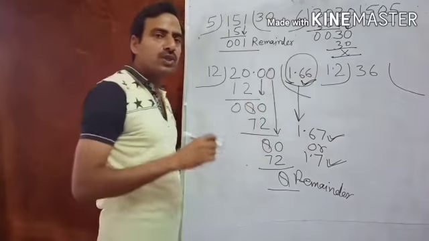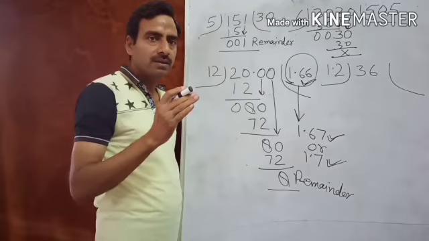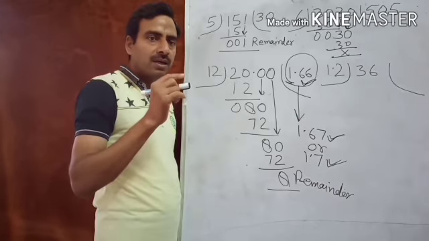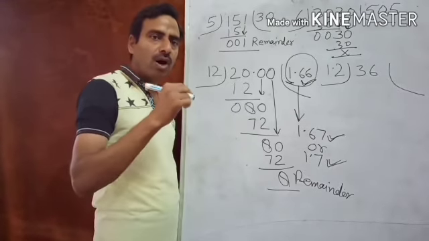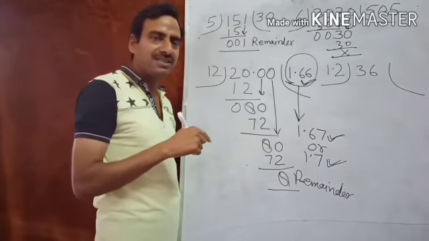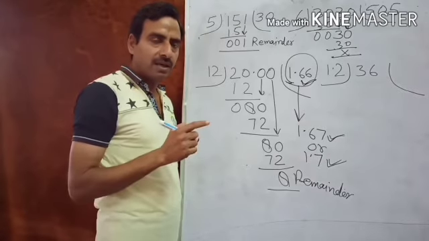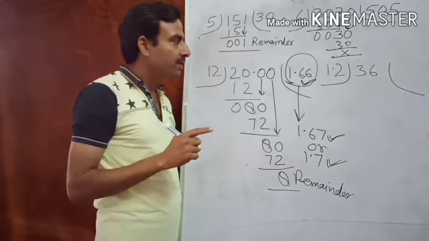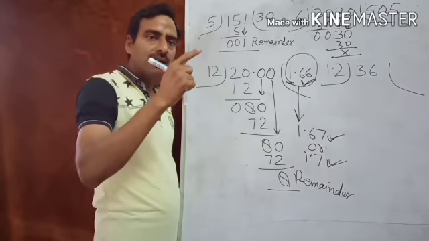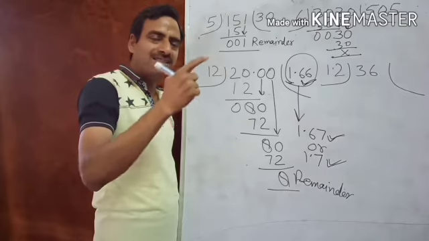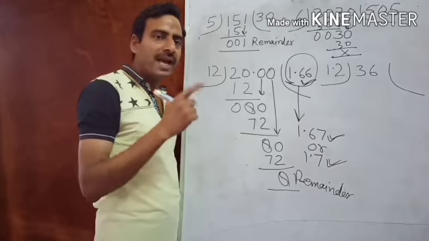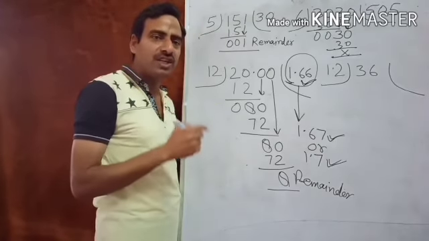If the number you are removing from the answer is 5 or more than 5, then you increase the previous digit by one. If the last digit is 4 or less than 4, listen to me properly, 4 or less than 4, then there will not be any change in the previous digit.